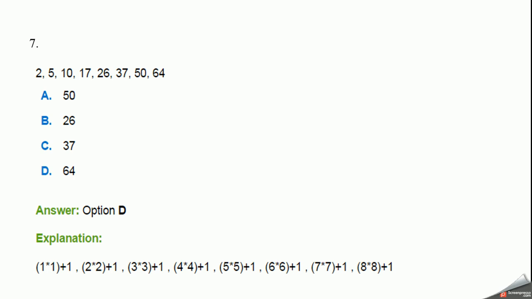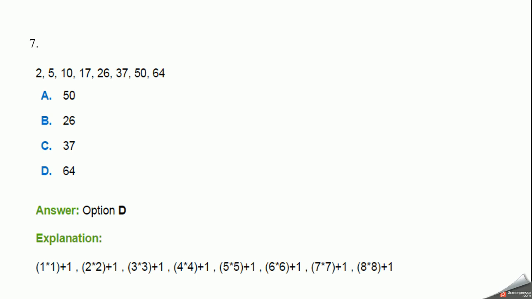Here we observe that each number is a square plus 1. 1 square plus 1 gives 2. 2 square plus 1, 4 plus 1, gives 5. 3 square plus 1 gives 10. 4 square plus 1 gives 17. 5 square plus 1 gives 26. 6 square plus 1 gives 37. 7 square plus 1 gives 50.